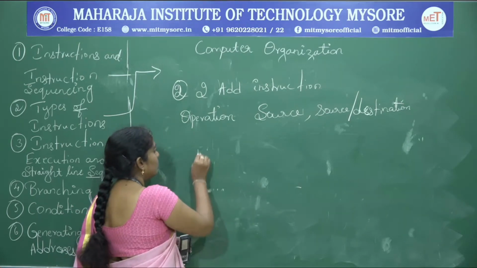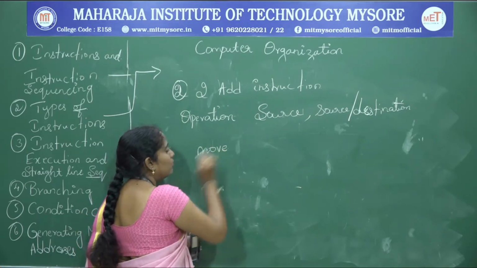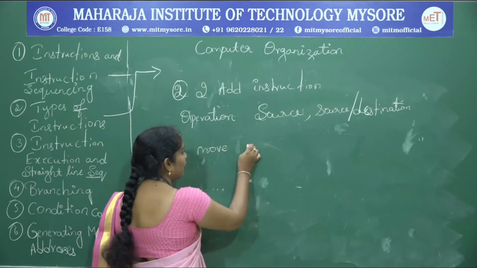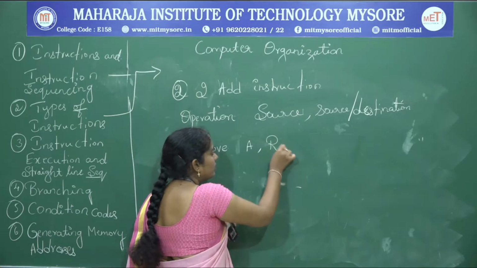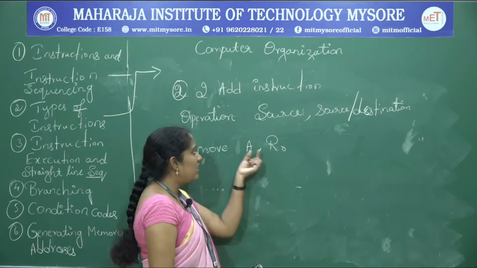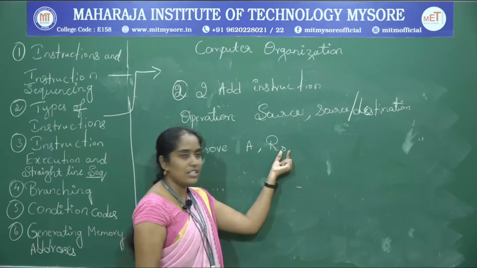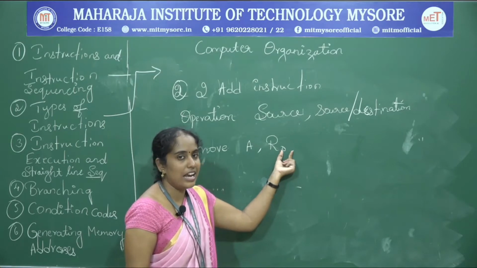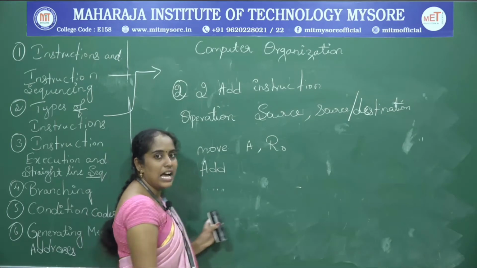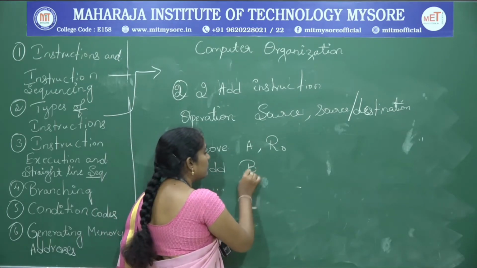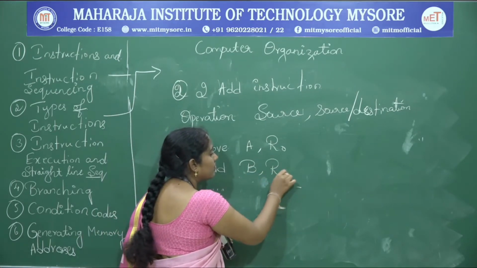For example, move A to R0. Here A is the source and R0 is the destination. Next is the addition, add B comma R0.